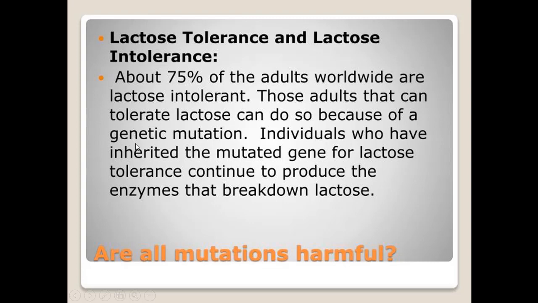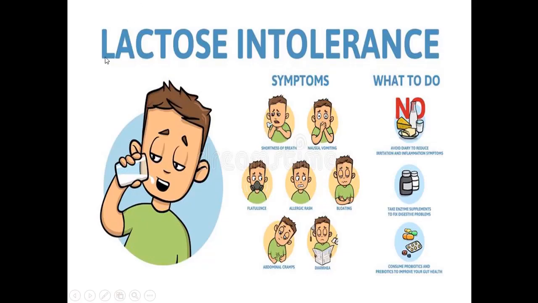In conclusion, mutation in the human genome allows many adults to digest lactose and drink milk. So in conclusion, not all mutations are harmful. So these are the symptoms for an individual having lactose intolerance.